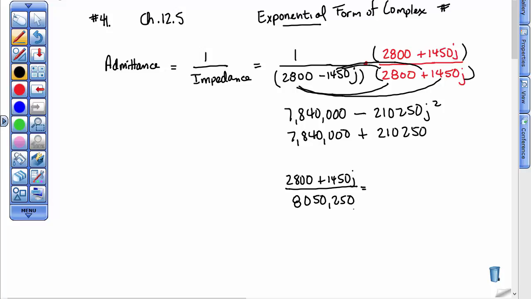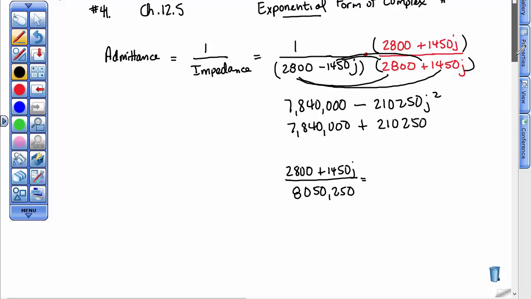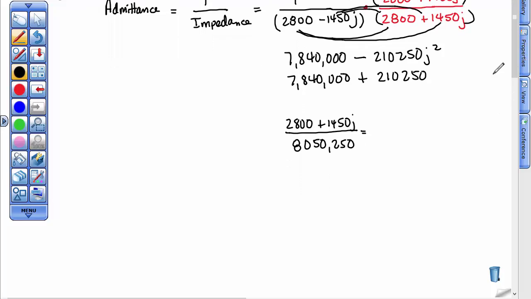Then what I decided to do, because I have to get this into exponential form, which means I have to find the R value by the Pythagorean theorem, I just decided to take the 2800 and divide it by that big number. And when I did that, I got 0.0002816.